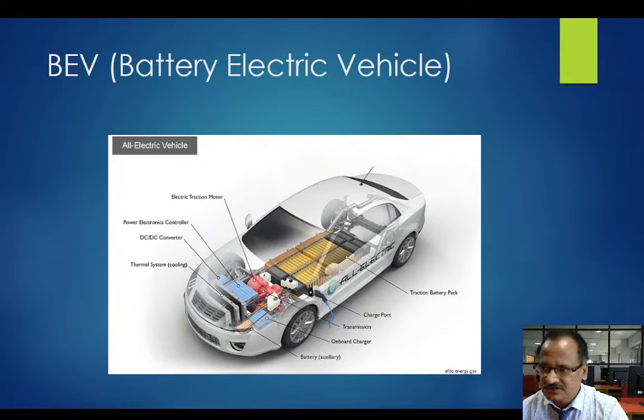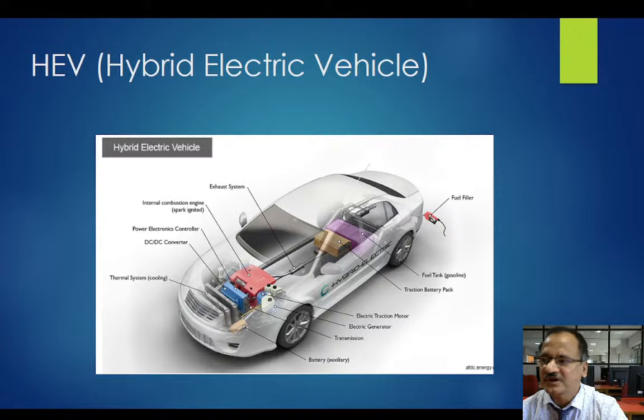Electric vehicles are the new trend now, and you can see here one of the battery electric vehicles where the batteries are stored in the vehicle, and this will be one of our units.